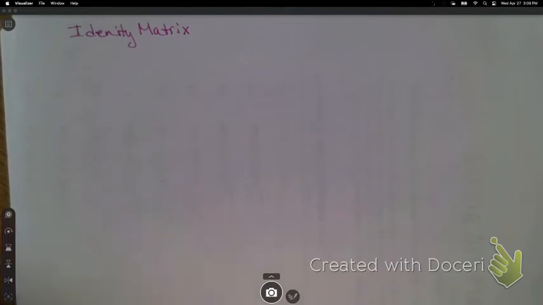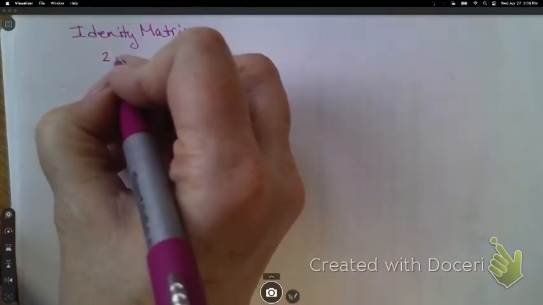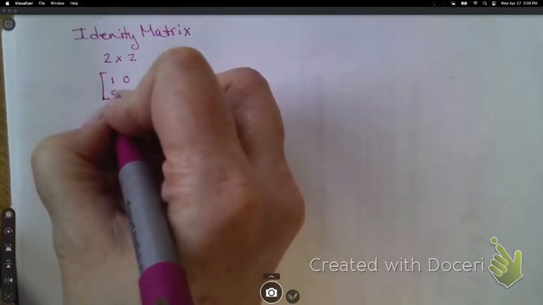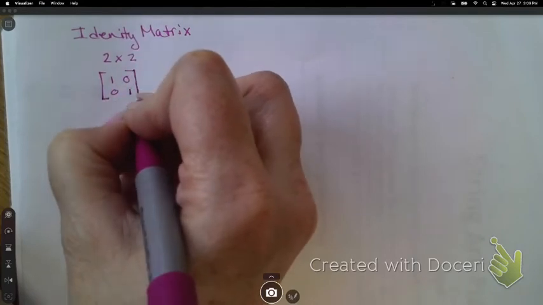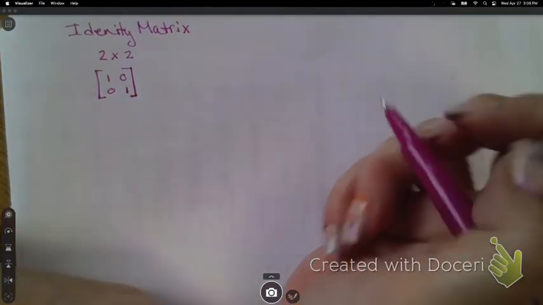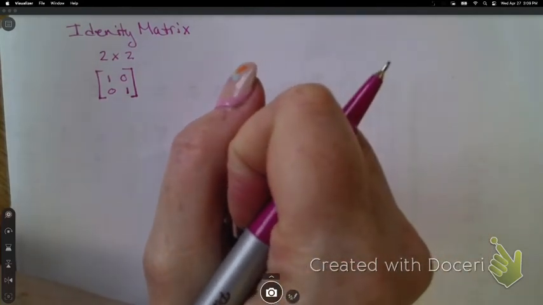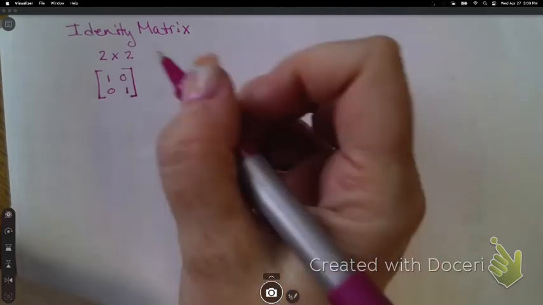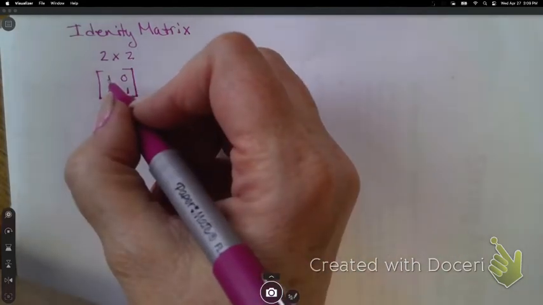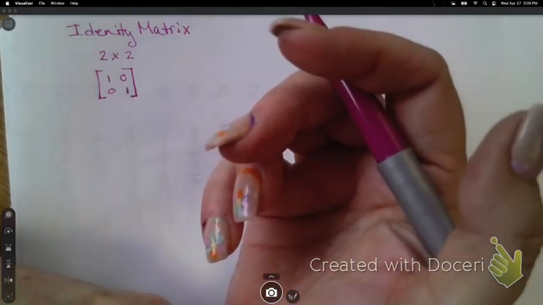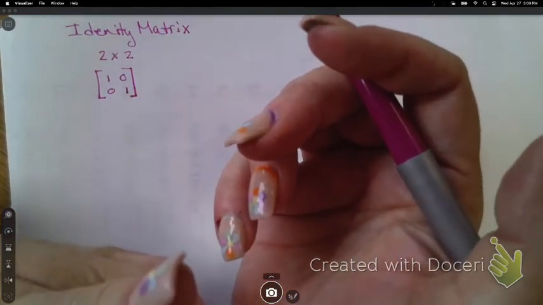I will share a few with you that are used a lot because they're nice. A 2 by 2 identity matrix is 1, 0, 0, 1. Now, when we do matrix multiplication, we're multiplying and adding, correct? So we would be multiplying by 1 and by 0 and then adding it together. So would the number change at all? No, because 0 times a number would be 0 and 1 times a number would be itself, right?